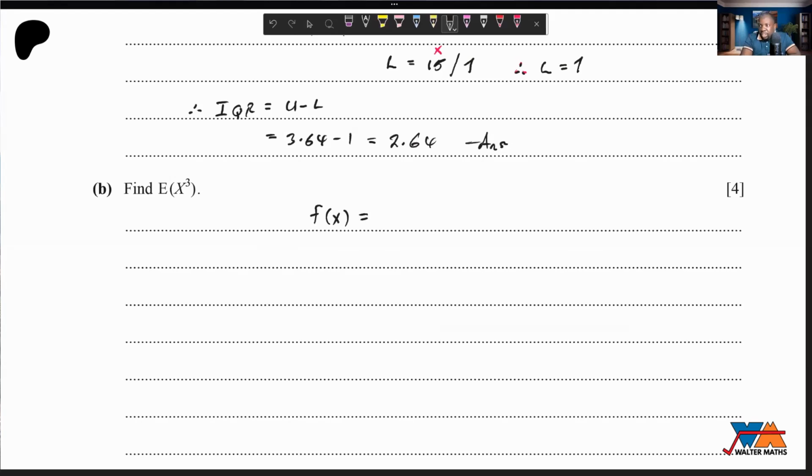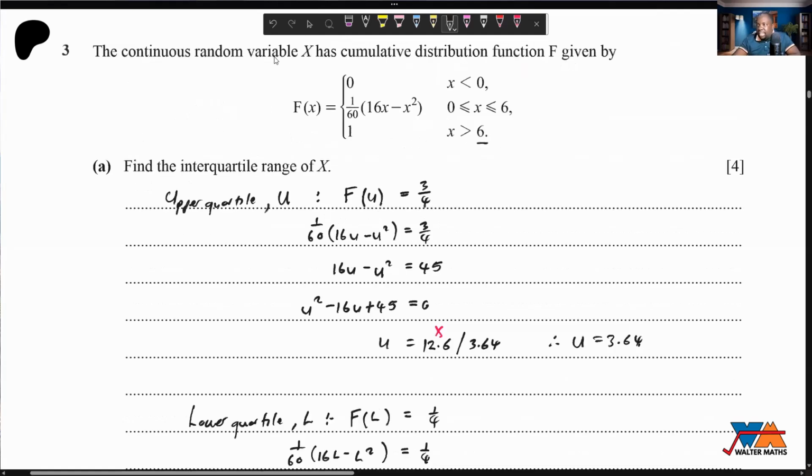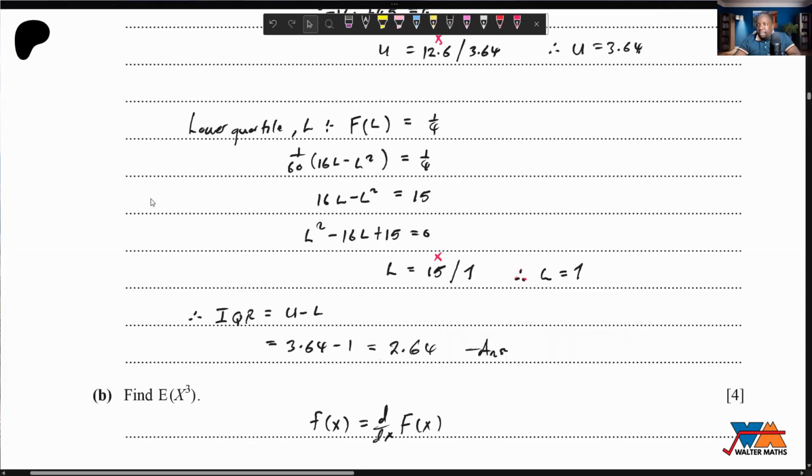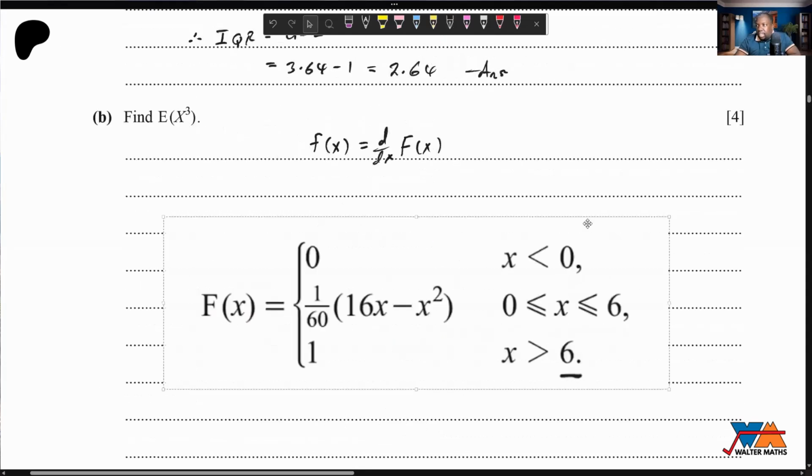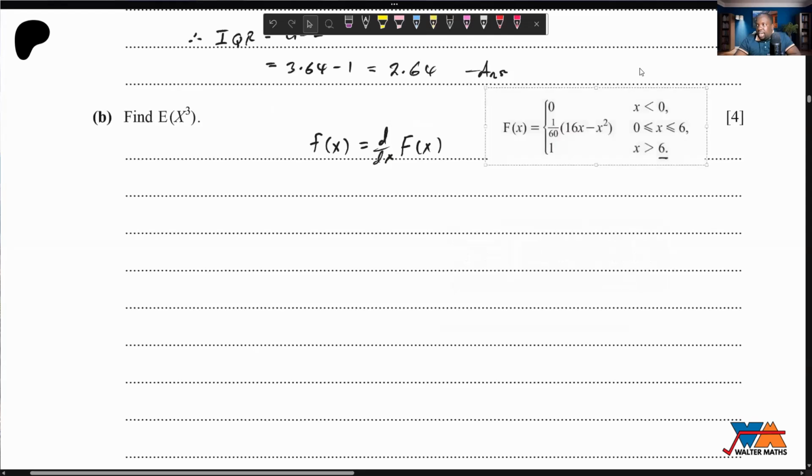So we differentiate f of x to get the PDF from a cumulative function, because what we have is the cumulative function right above. I'm just going to copy this because we will need to use it. So here it is.